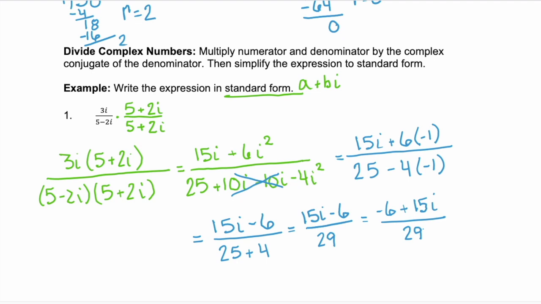So because the denominator is one term, we can separate each of the numerators into two fractions. So remember, this would be negative 6 over 29 plus 15 over 29i. And now we have that a, our real part, plus our bi, our imaginary part.